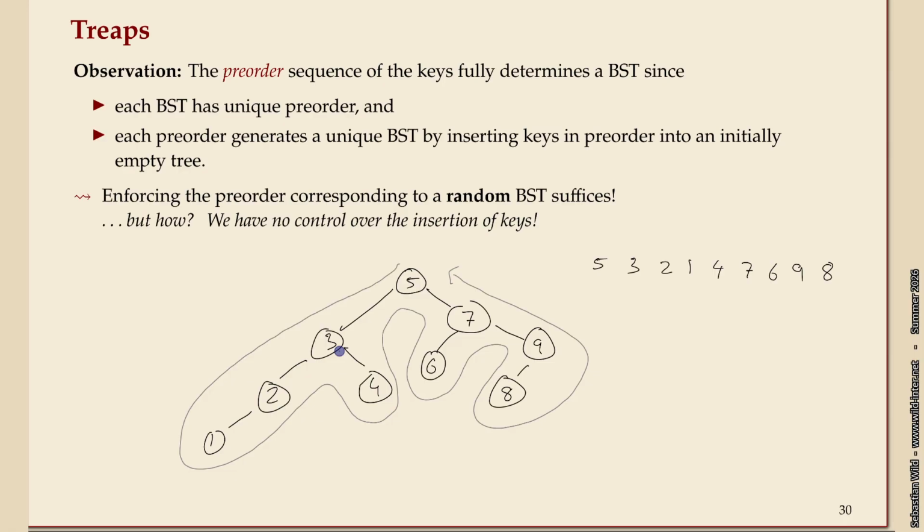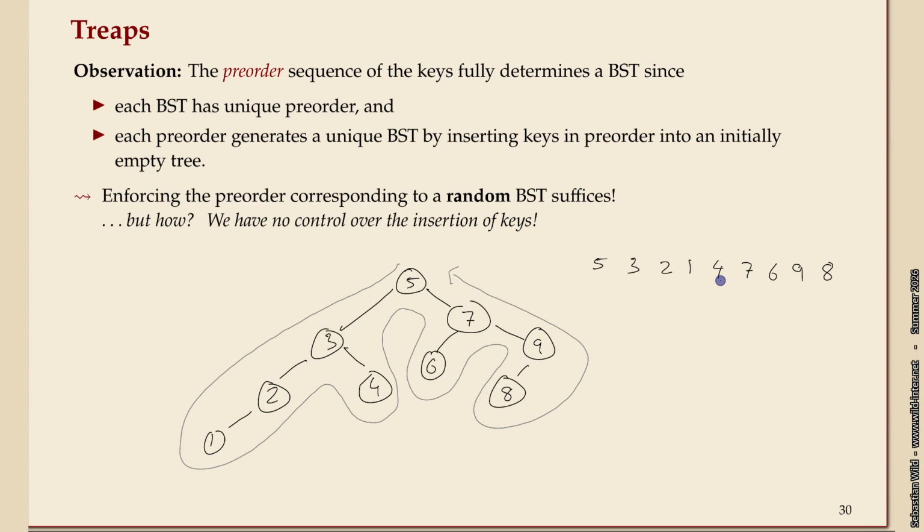If you look at the 3 here, everything that's below, the 1, the 2, and the 4, they have to come after 3 in any insertion order that's supposed to generate this tree. And again, in the pre-order, that's the case. The 3 comes first, and 2, 1, 4 come after.